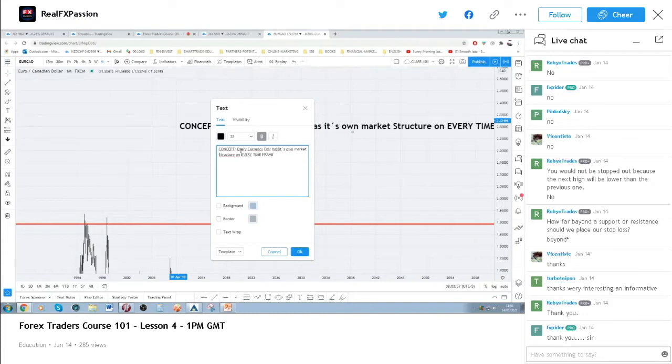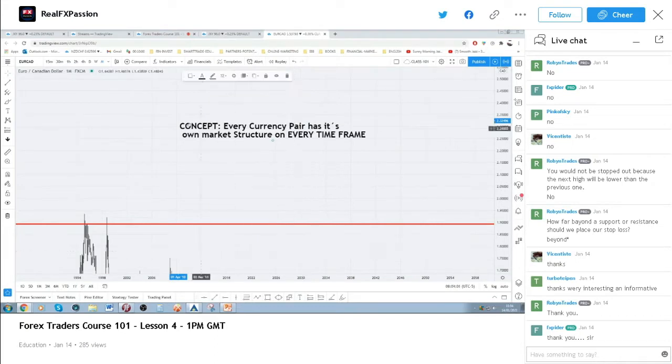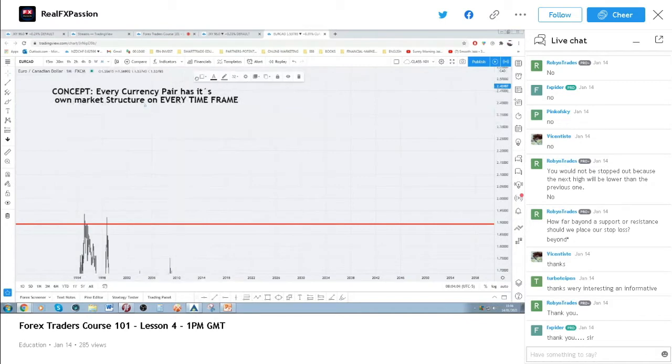I'm going to explain everything, everybody. Okay, this is number one. It's a concept. As a beginner trader, we should learn that every currency pair has its own market structure on every time frame. So every different time frame is going to have a different market structure.